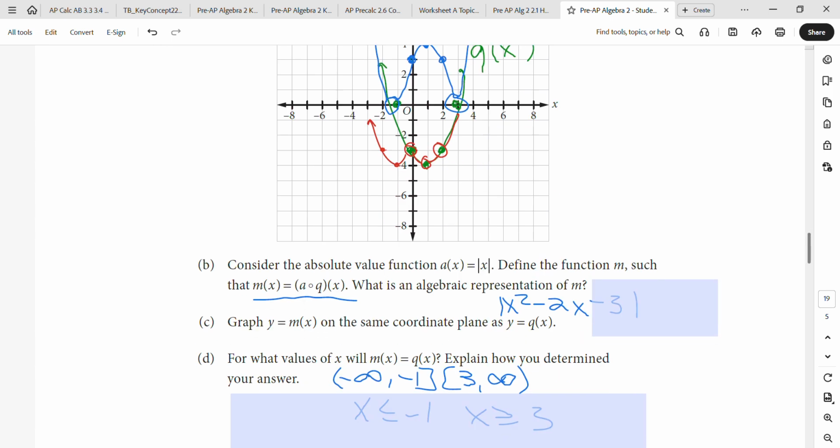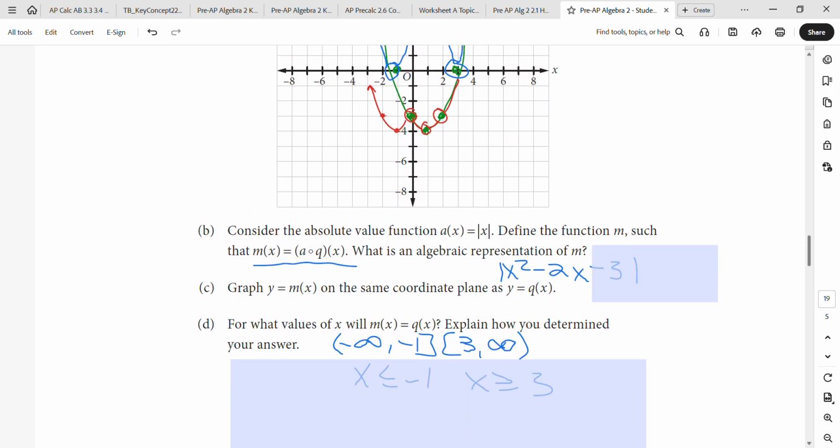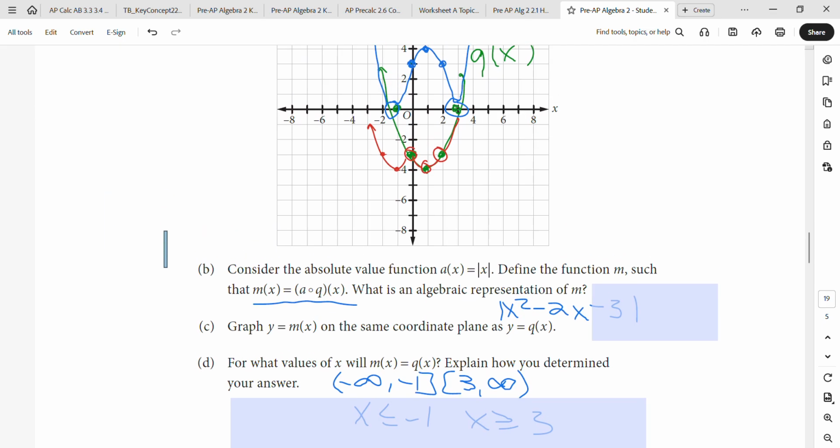And so when it says, explain how you determine an answer, we are seeing where the graphs are overlapping, but even maybe more specifically, we're looking at where the output values are positive for both Q and for this one was M. So we're seeing where are those output values positive.